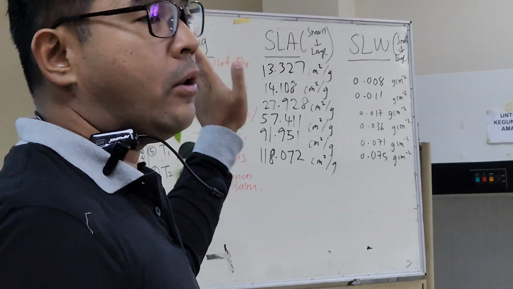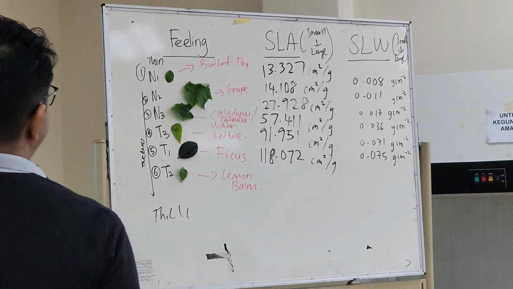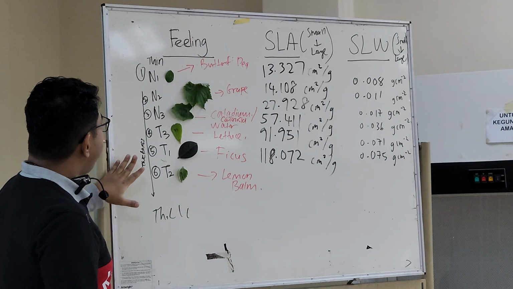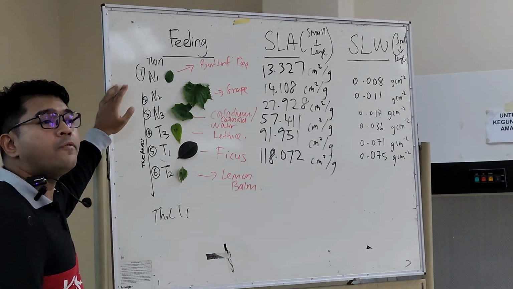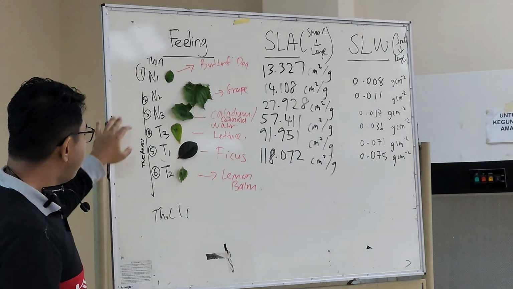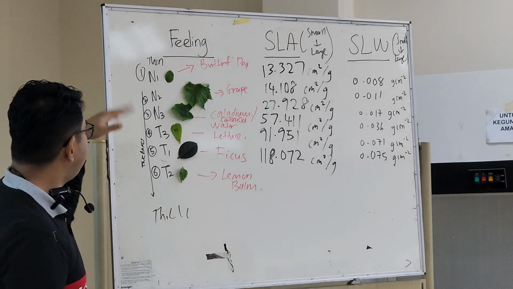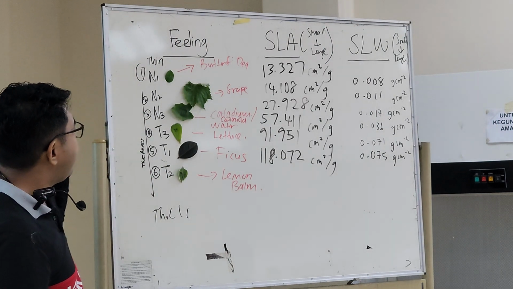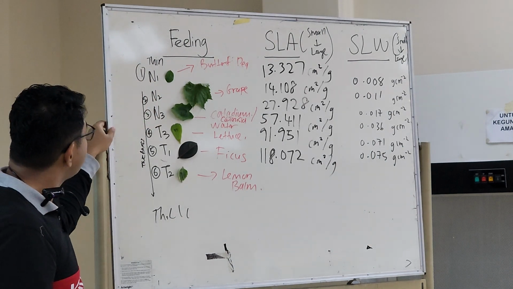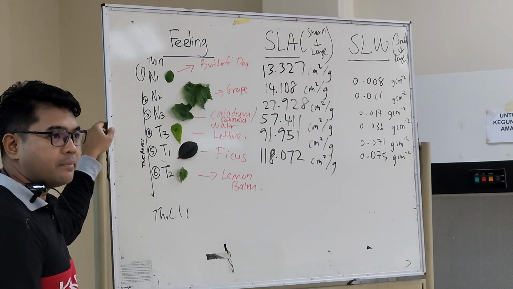Let's have a quick look at your friends' group, Cetaceous. What have they done? They plucked 6 leaves and arranged them firstly according to feeling, which is your first hypothesis. Based on their feeling, they think that the butterfly pea leaf is the thinnest, while the lemon balm is the thickest.